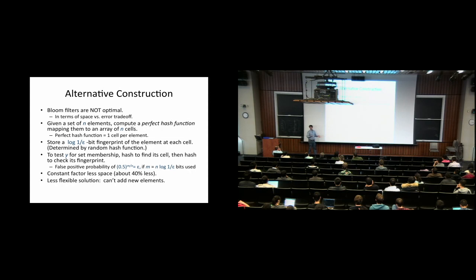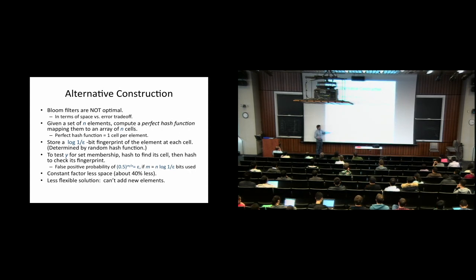A downside is that, first of all, I'm not counting the cost of storing whatever that perfect hash function is. Those exist, but they can be a bit expensive. And the other thing is that it's less flexible. With a Bloom filter, I could always add a new item if I wanted to. I could just hash the new item and put ones in the right places.